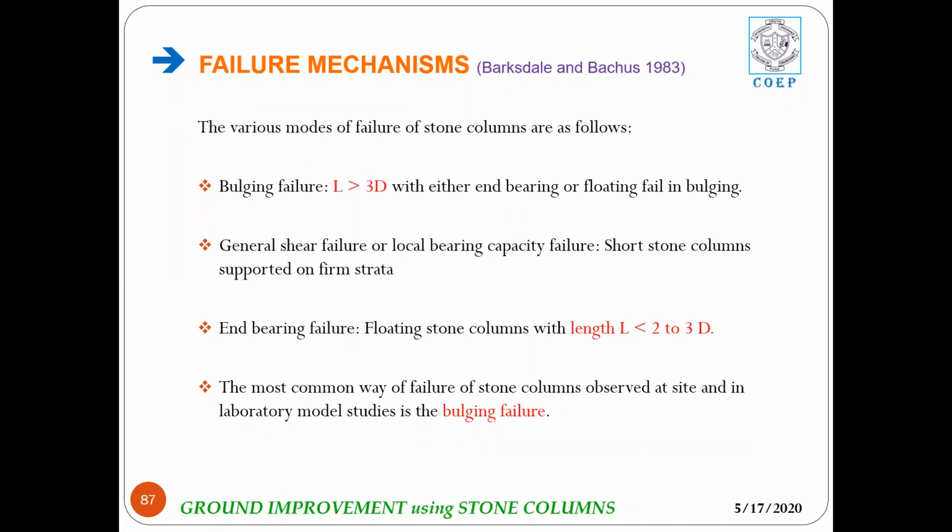That is for short stone columns. And end bearing failure will take place for floating stone columns where the length is less than 2 to 3 times the diameter. These are the various modes of failure, and the most common mode of failure for stone columns observed at the site and in laboratory model studies is the bulging mode.